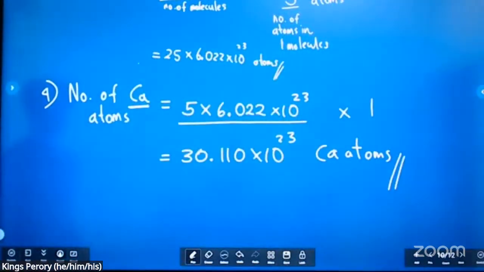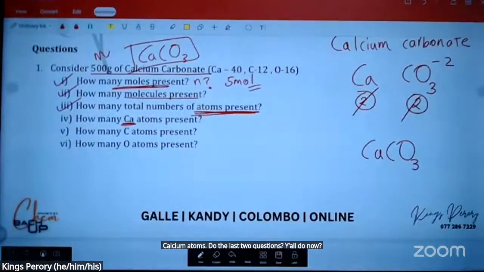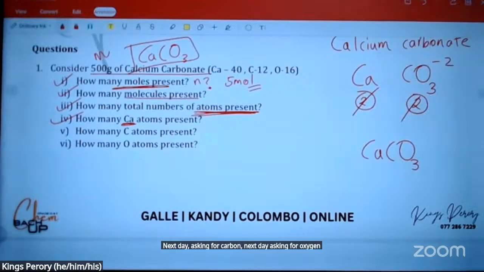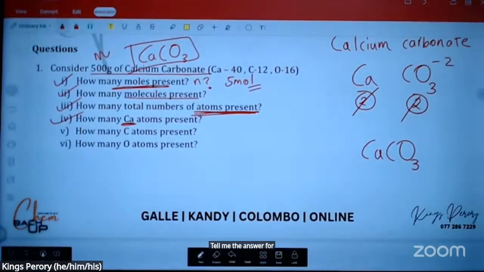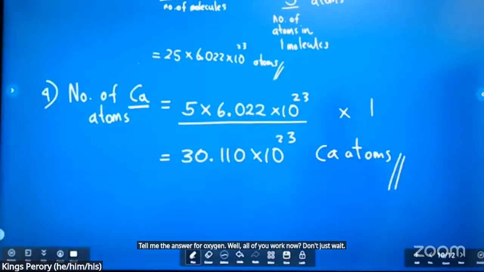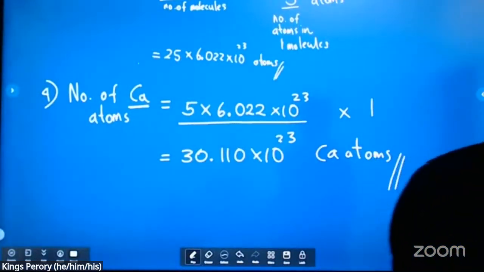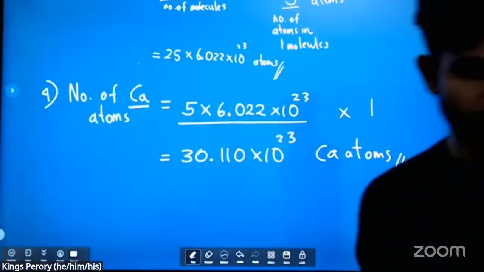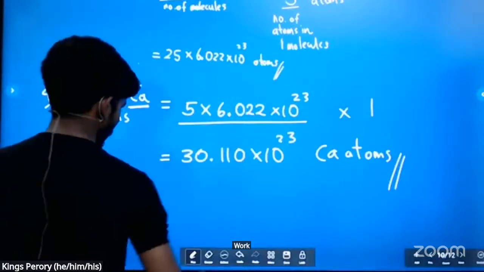Do the last 2 questions. Next they are asking for carbon. Next they are asking for oxygen. Do the work. Send me the answer for oxygen. All of you work now. Don't just wait. Work on the other 2 questions.